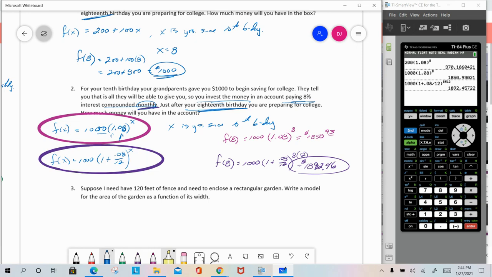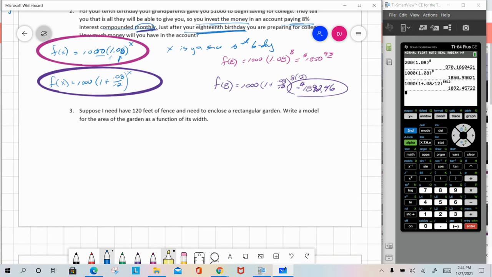Okay. So, number three, suppose, and I don't know who typed this stuff. Suppose that I have 120 feet of fence and I need to enclose a rectangular garden. Write a model of the area of the garden as a function of its width. Okay. Now, big thing you need to get right here, write a model for the area as a function of the width.